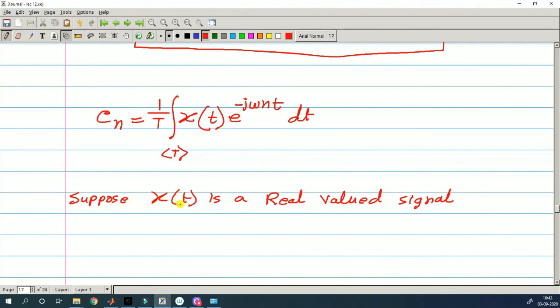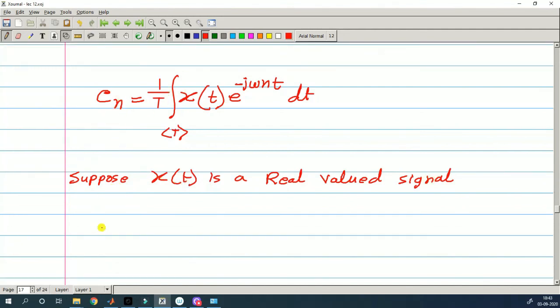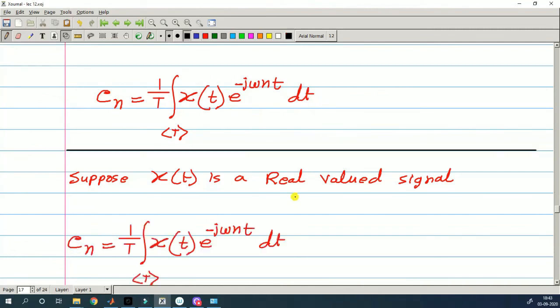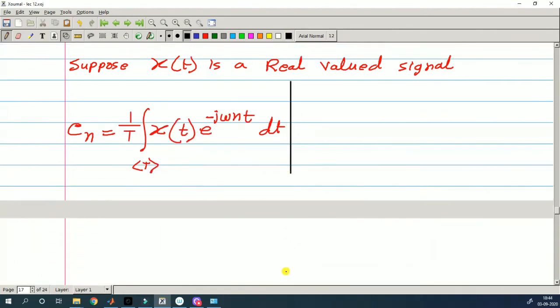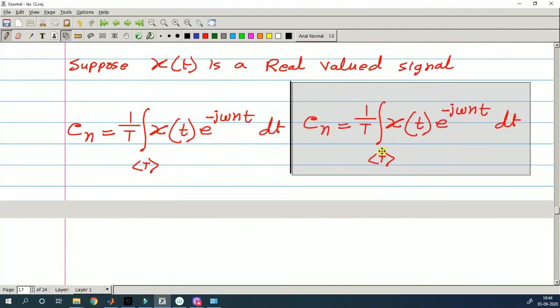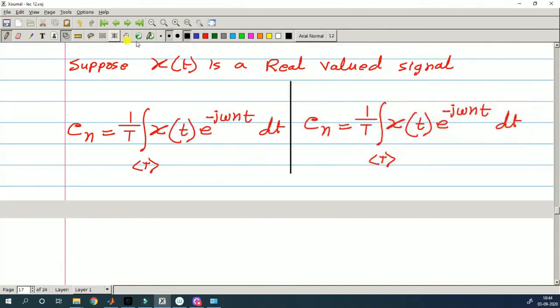So if x is a real valued signal, then you observe that Cn is given by this, and C minus n will be given by, let's put a minus sign here, by this.